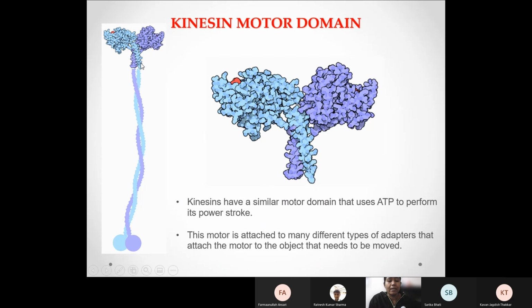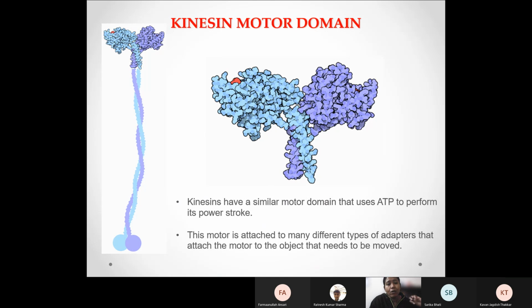This is what is helping it bind to microtubules and walk on microtubules. And this is the coiled coil domain, which helps in formation of this dimeric structure, because the coil can coil onto another coil, and that gives rise to the stable dimeric structure. And here you have those PH domains which can bind to cargo.